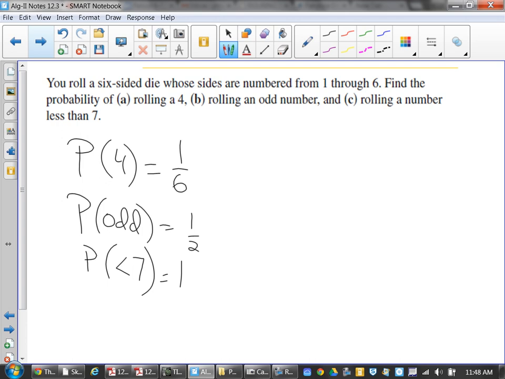Now, if you start to think about the card things again, we've been dealing mainly with counting possible card hands.